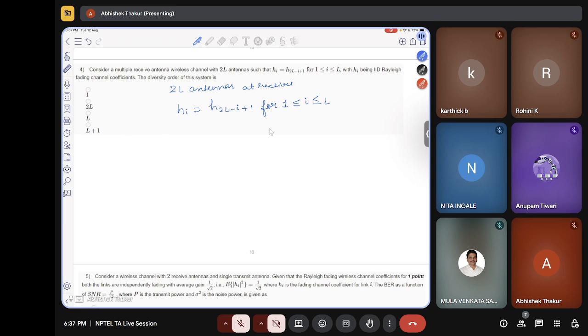The diversity order D is given as minus the limit as SNR tends to infinity of log of the probability of error divided by log of SNR.